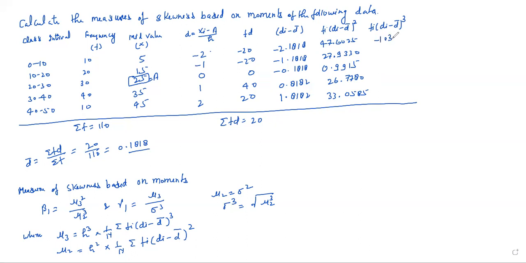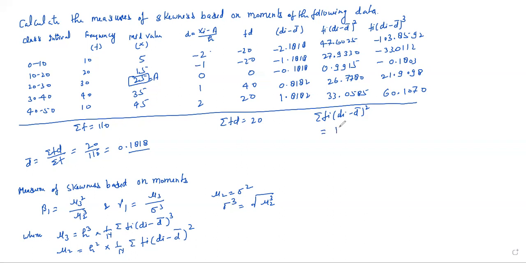We get minus 103.8592, minus 33.0112, and then minus 0.1803, 21.9098, and 60.1070. So now take the summation of this.